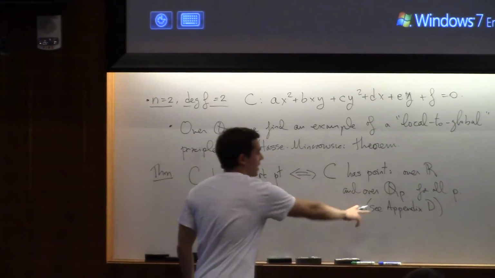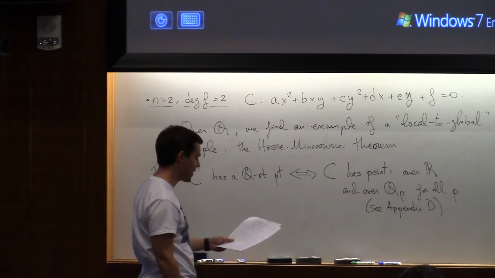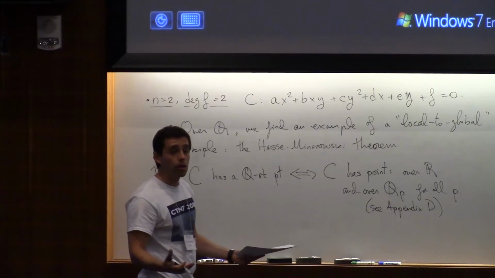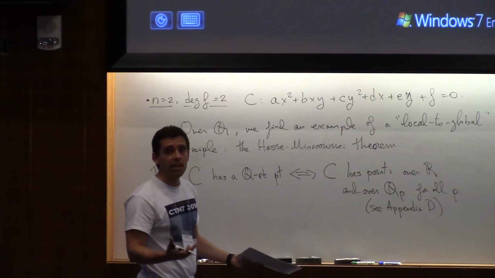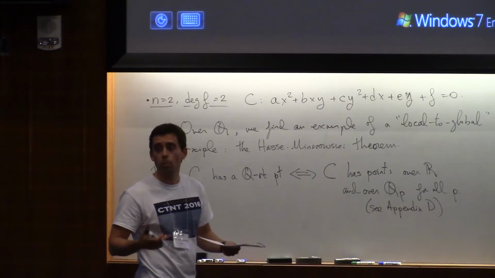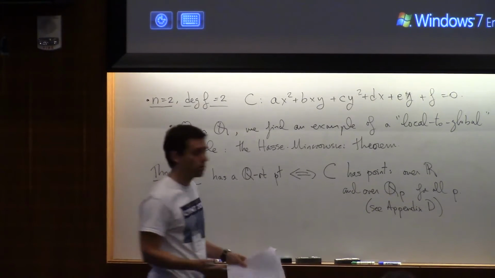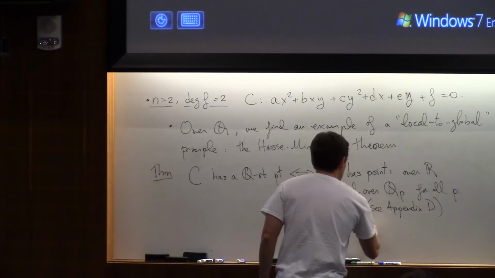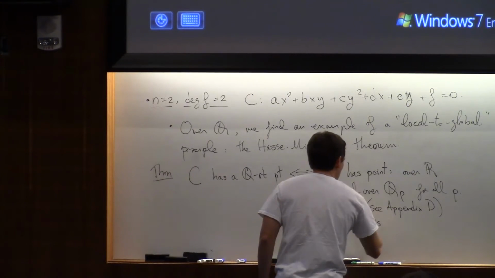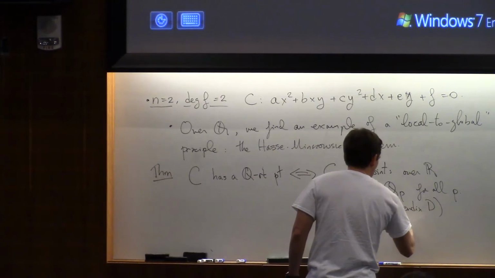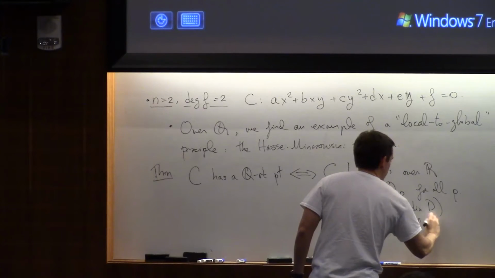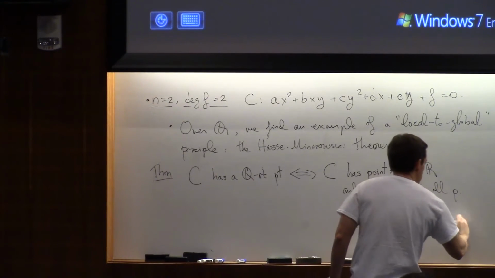You can see a 2-3 page introduction to the p-adics over there. For now, if you've had some elementary number theory, it just says that there are solutions modulo p^n for every n. Okay? So solutions, more or less, is solutions modulo p^n for all p and all n.